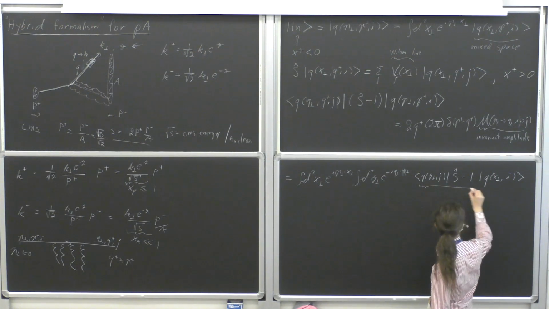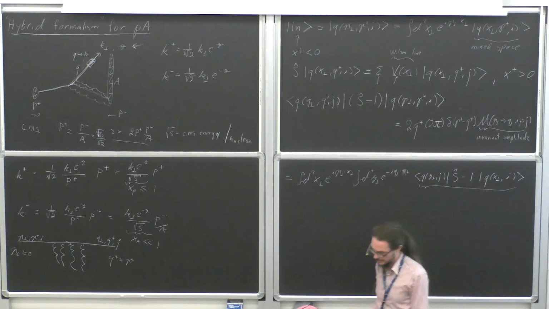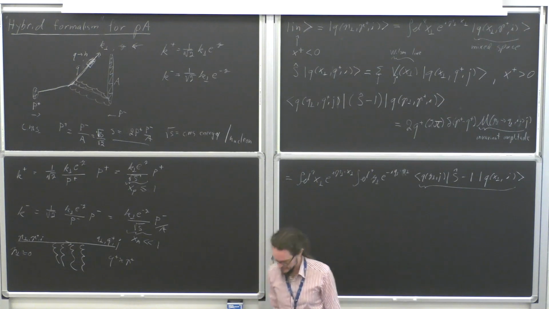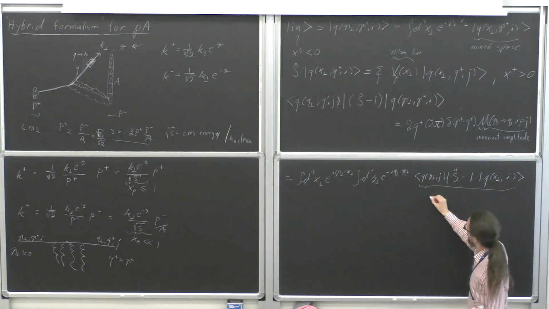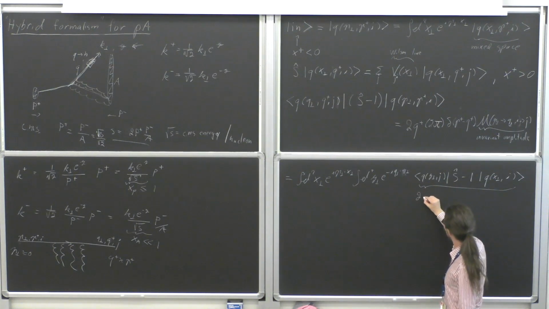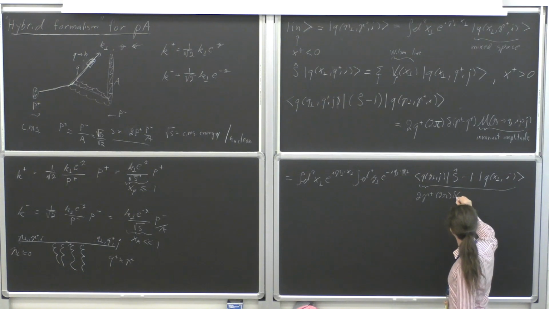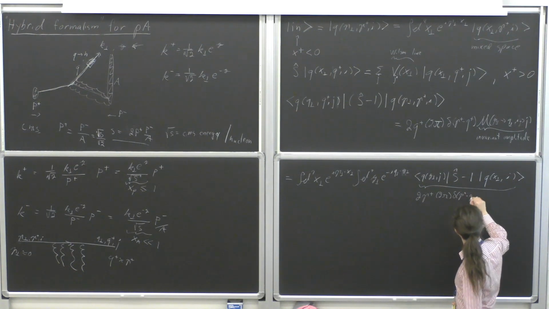So these I can calculate, and my states are normalized in such a way that this is 2p plus 2 pi delta of p plus minus q plus.